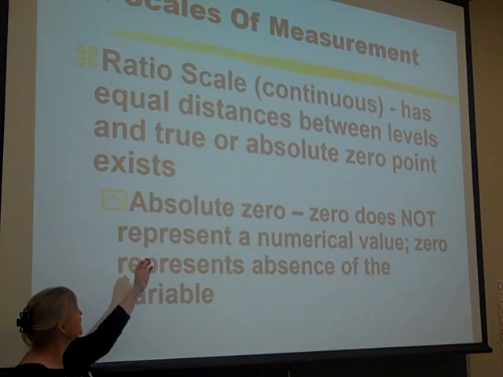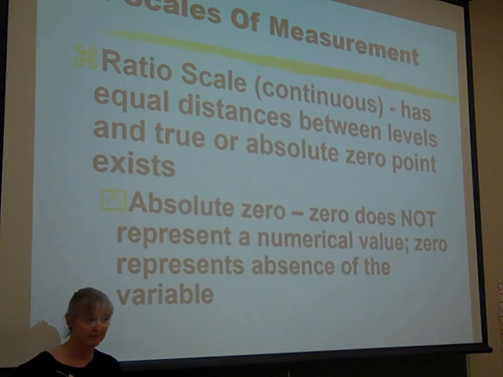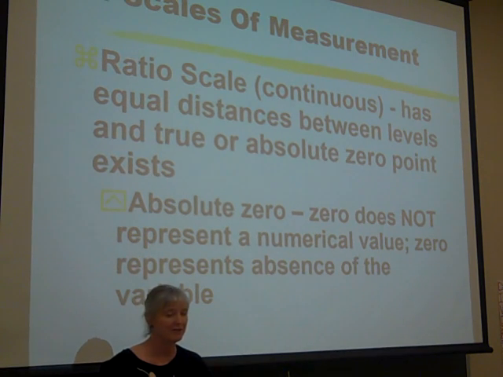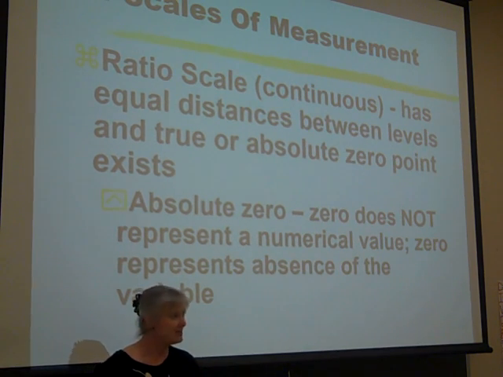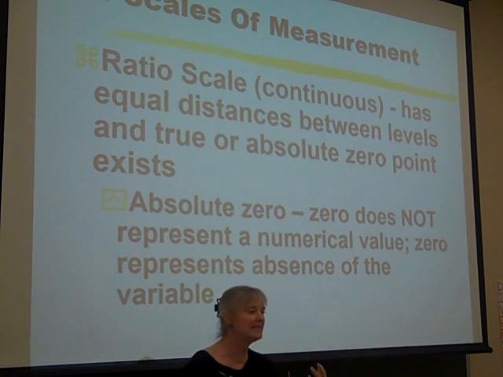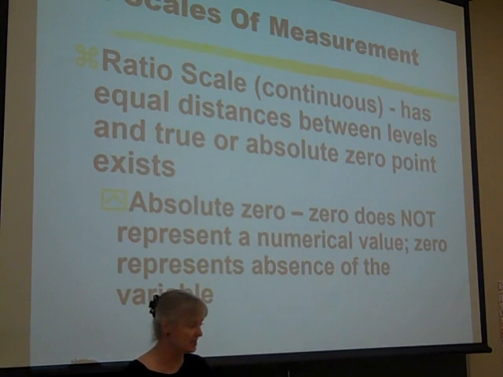The ratio scale has something called an absolute zero. And an absolute zero is not what you think of when you think of a zero. An absolute zero is something that cannot be recorded in the grade book because it means absence of whatever we are measuring.